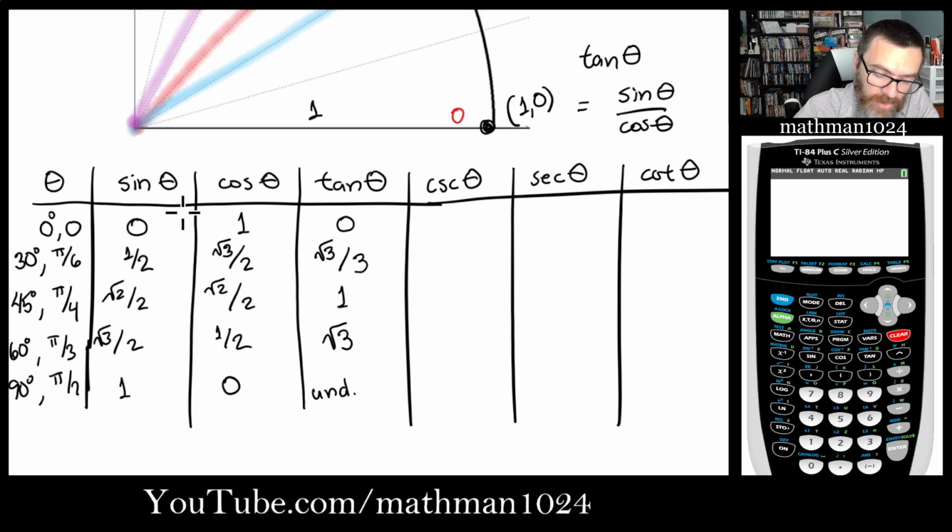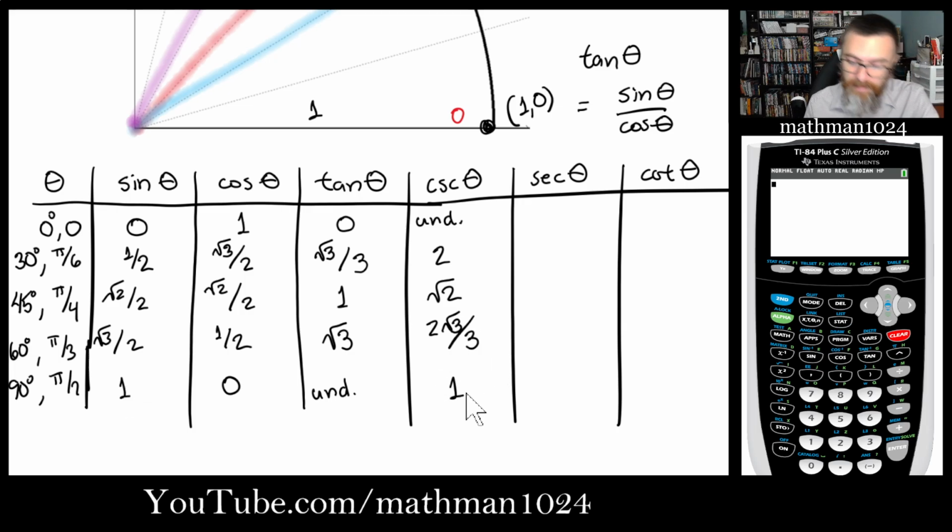So if sine is 0, that reciprocal is going to be undefined because you have 1 over 0, and we can't divide by 0. The reciprocal of 1/2 is 2. The reciprocal of the square root of 2 over 2 is the square root of 2. The reciprocal of this one is going to be 2 square roots of 3 divided by 3. And the reciprocal of 1 is 1.